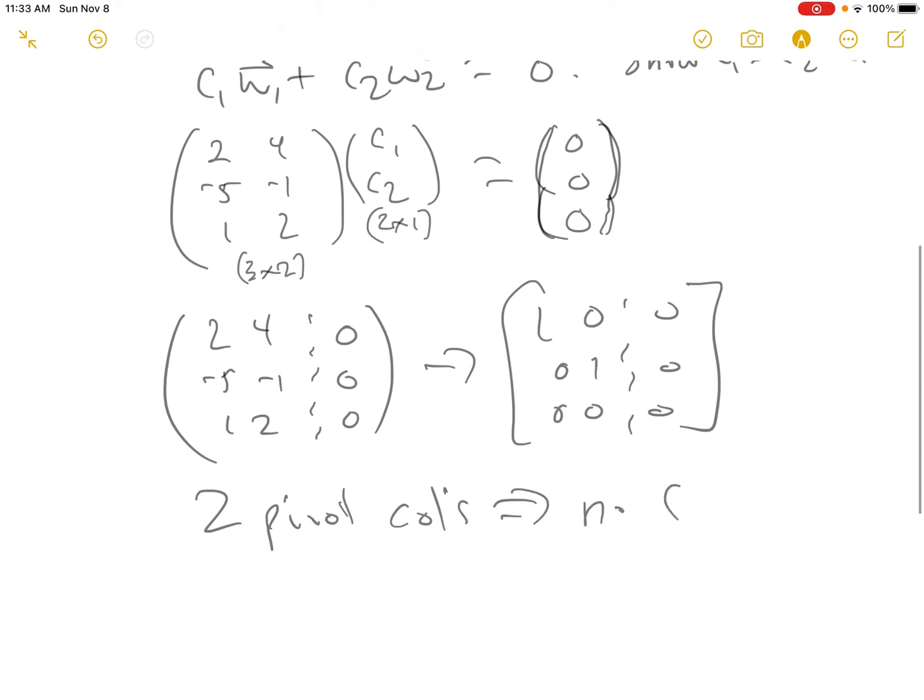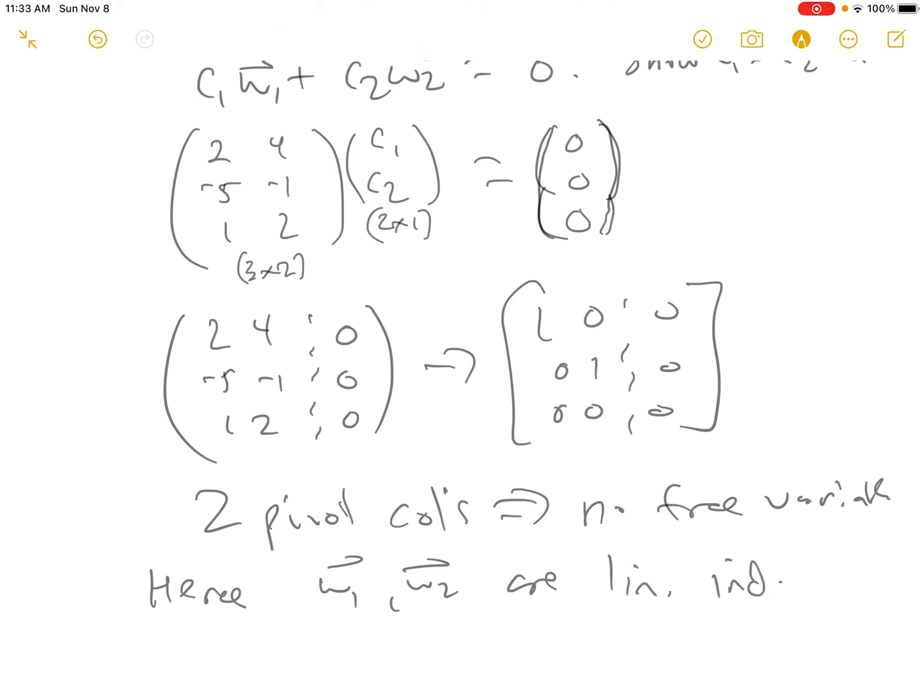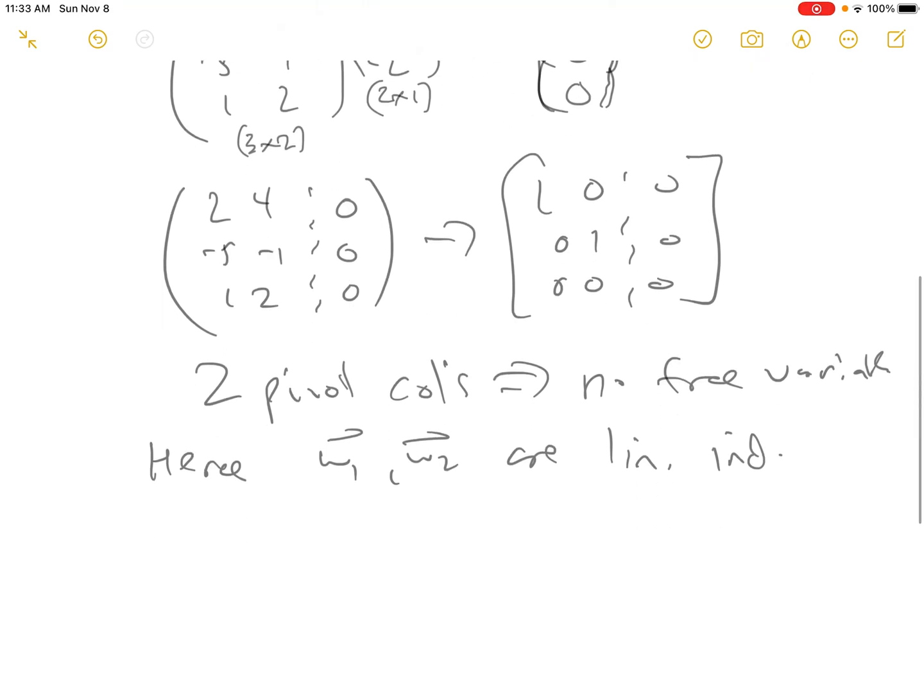That tells me there are no free variables. Hence, W1 and W2 are linearly independent. We also could have shown that W2 is not a multiple of W1, but then you'd have to cite a theorem. All right, so that was question 1.